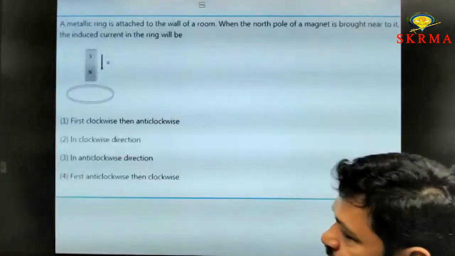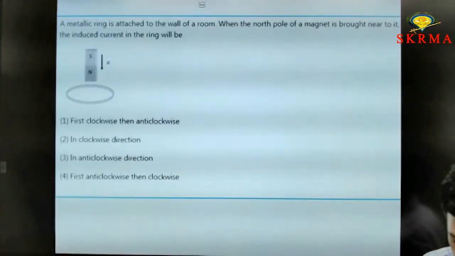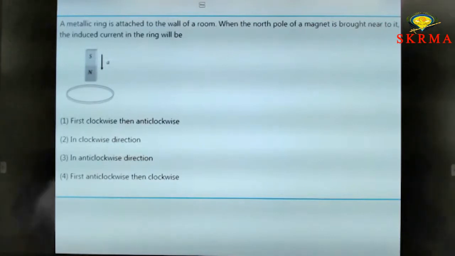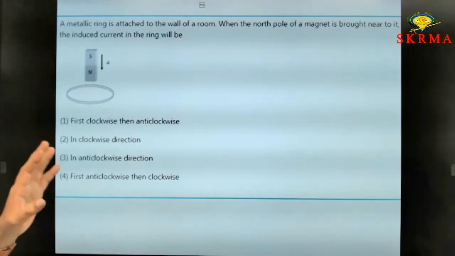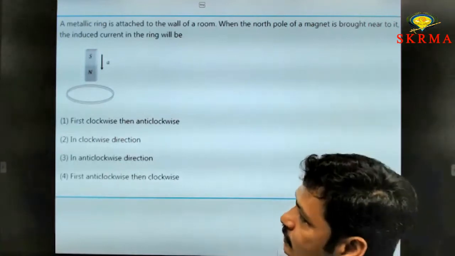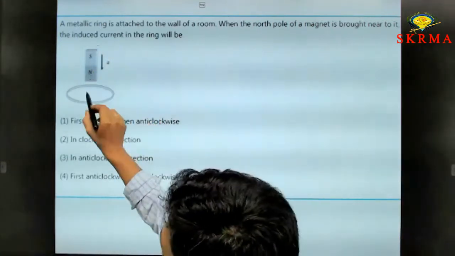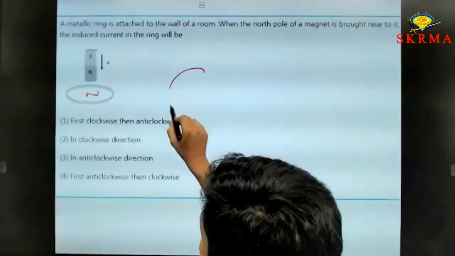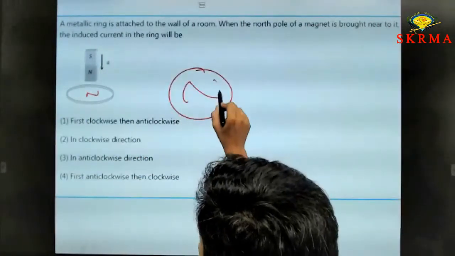The next one is also an application of Lenz's law. A metallic ring is attached to the wall of a room. When the north pole of a magnet is brought nearer to it, what is the direction of the induced current in the ring? Whenever you move the north pole, the ring acts like a north pole. That is the basic idea.